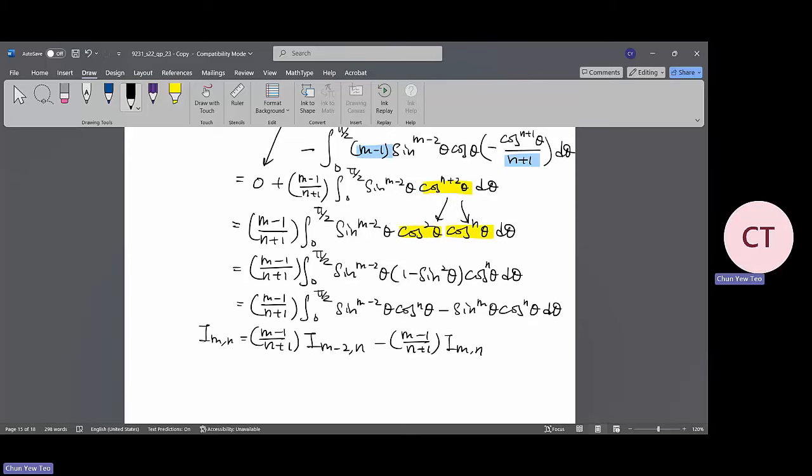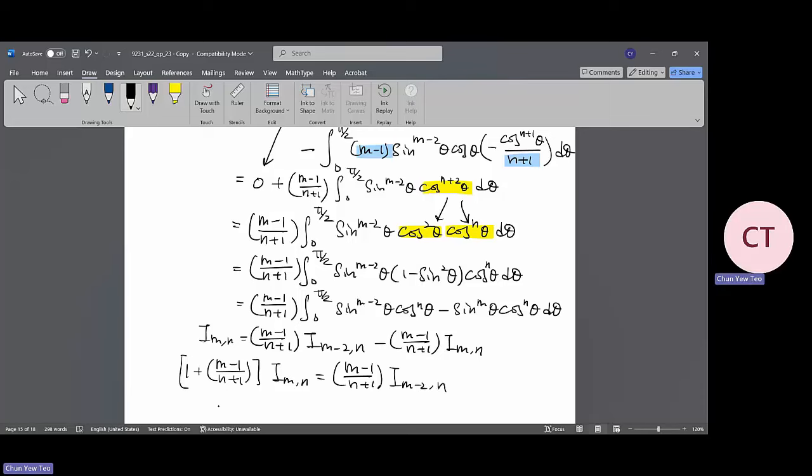So if we combine these together, you will get 1 plus m minus 1 over n plus 1, I m n is equal to m minus 1 over n plus 1, I m minus 2 n.